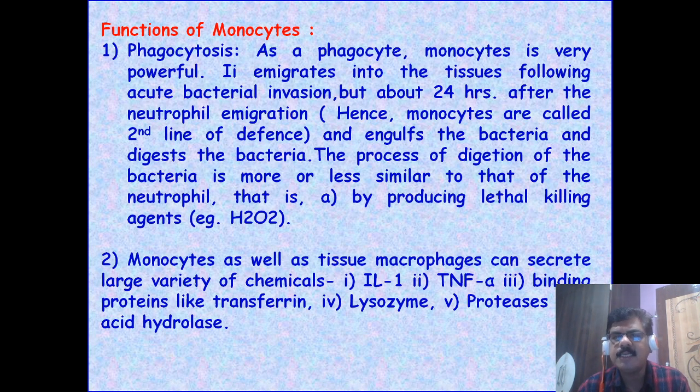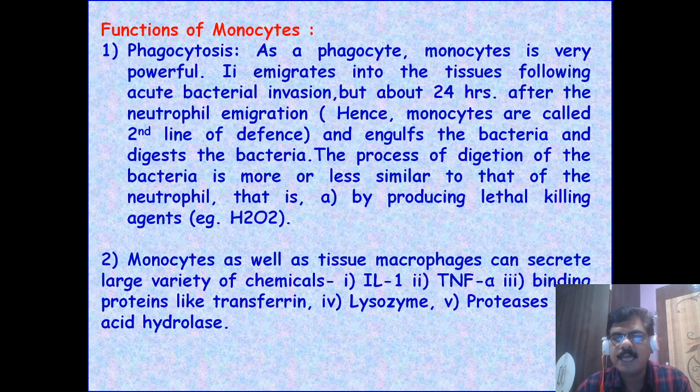It migrates into the tissues following acute bacterial invasion, about 24 hours after neutrophil immigration, and engulfs the bacteria, then digests the bacteria. The process of digestion is more or less similar to that of the neutrophil, by producing lethal agents like hydrogen peroxide.